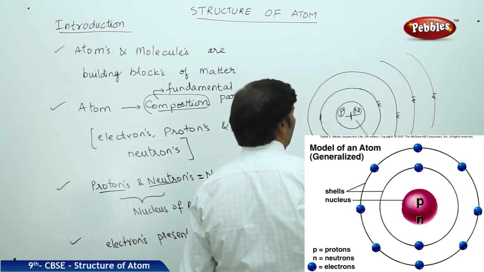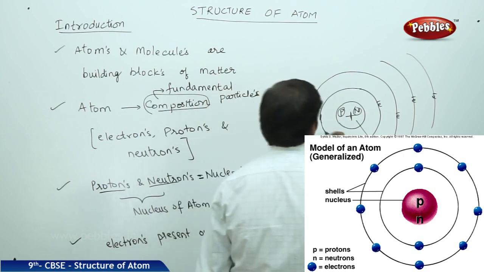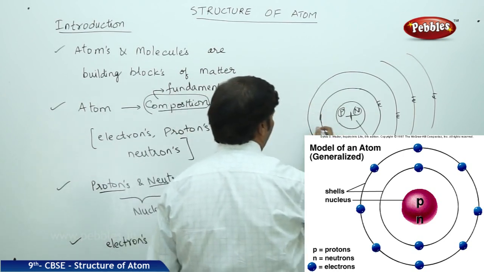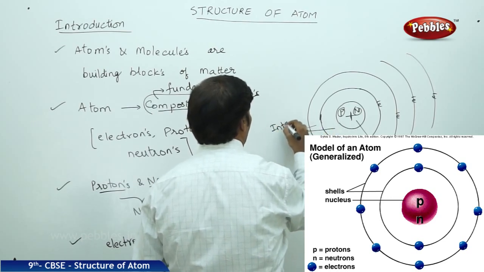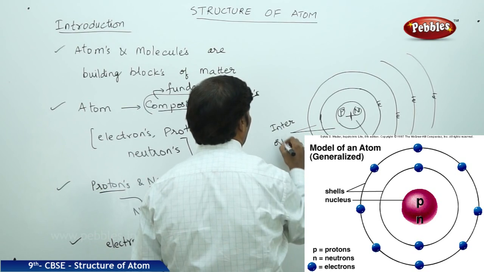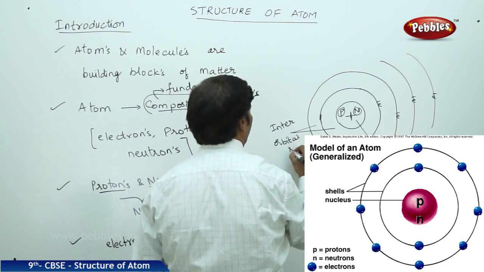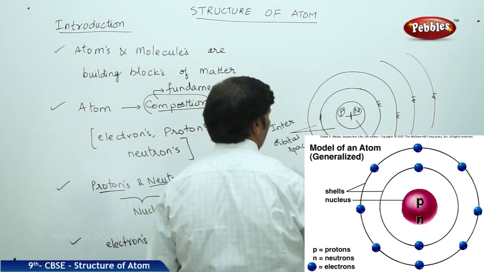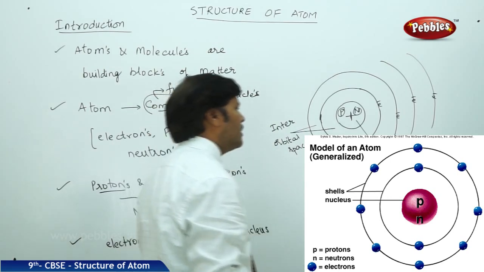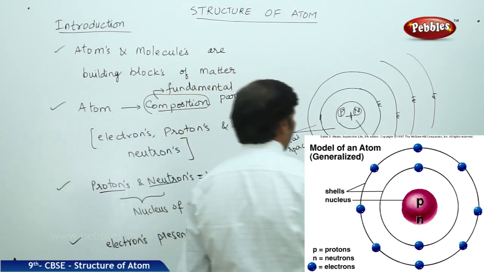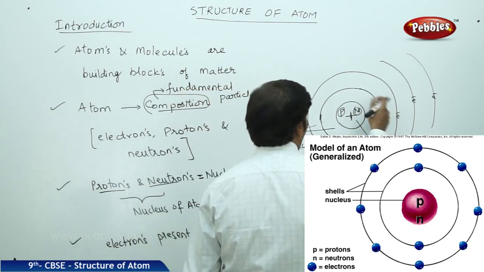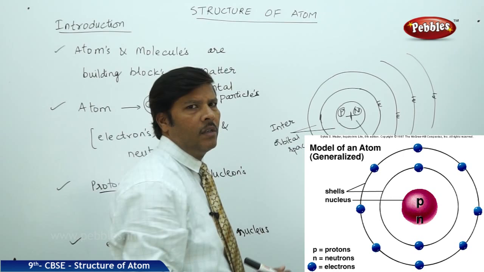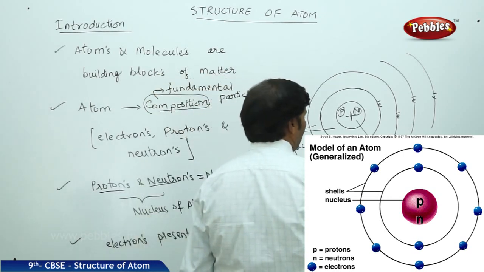Protons and neutrons together are called nucleons, and this is the interorbital space. So from this it is very clear that there are 3 fundamental particles: proton, neutron and electron. Electrons are present outside the positively charged nucleus, and these orbits are circular.